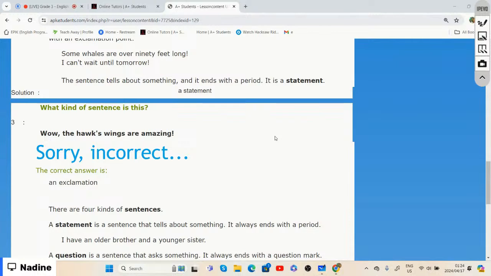All right. And if we look at that sentence, right? Wow, the hawk's wings are amazing.